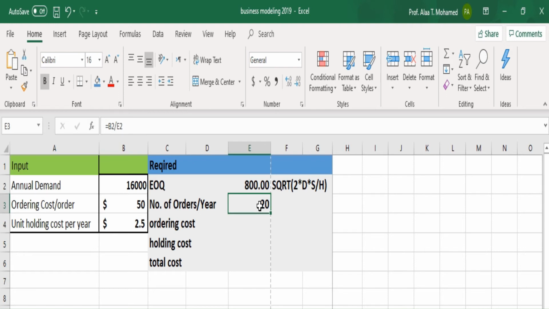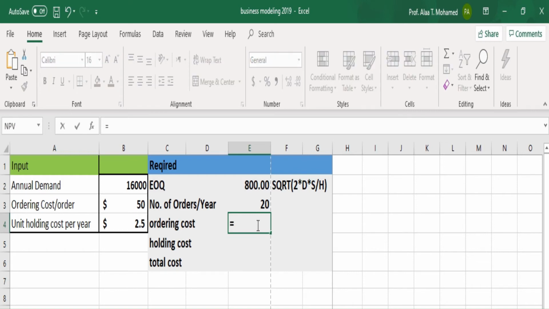Now we calculate the order cost or ordering cost, and we know that the ordering cost means that each time you order an order, you have $50. So equal for one order, $50 for one order, and we have 20 orders.